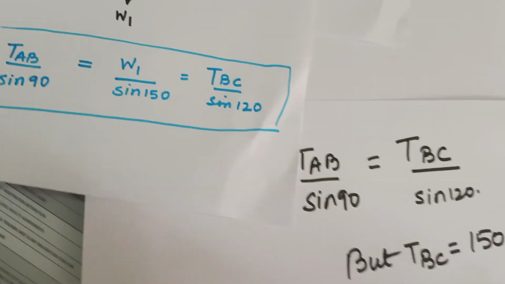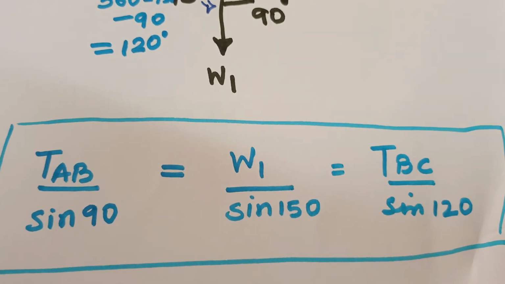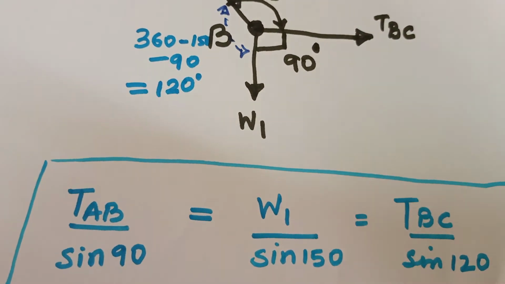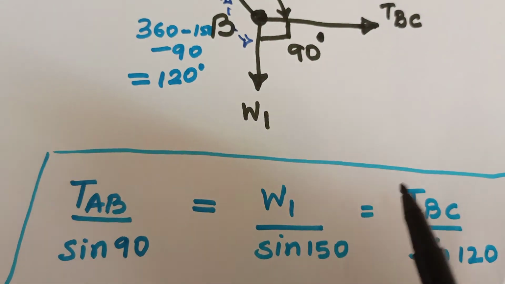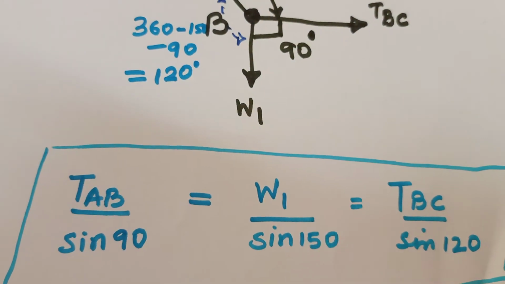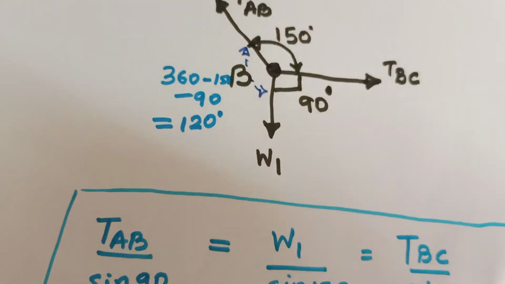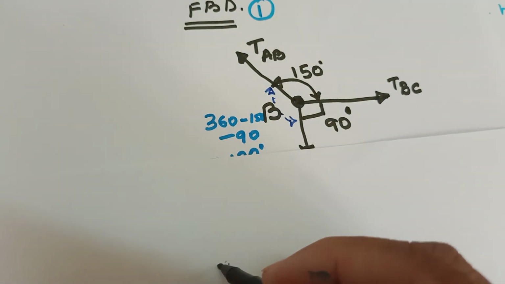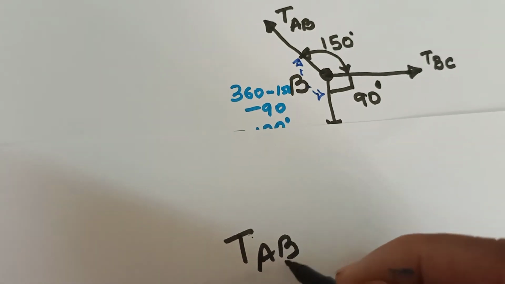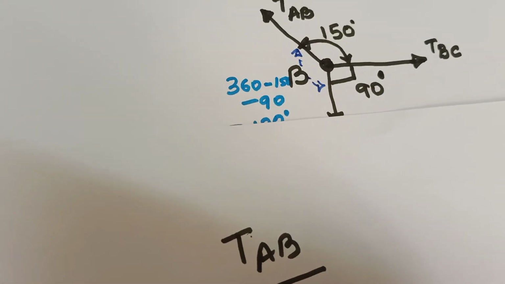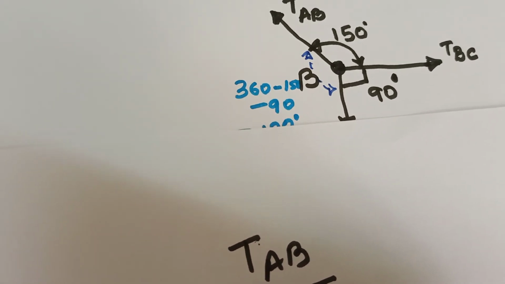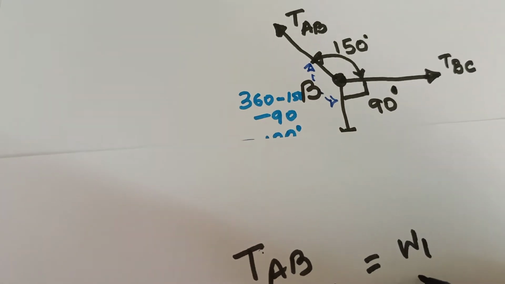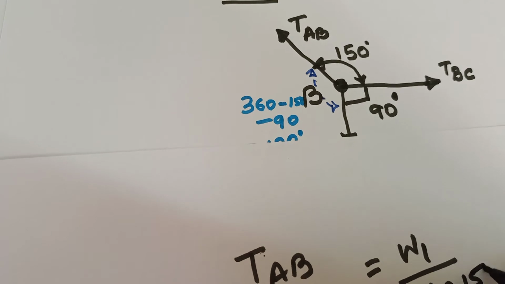Now what is left out? We are interested to now find out W1. So to find out W1, I will use the equation: TAB upon sine 90 is equal to W1 upon sine 150.